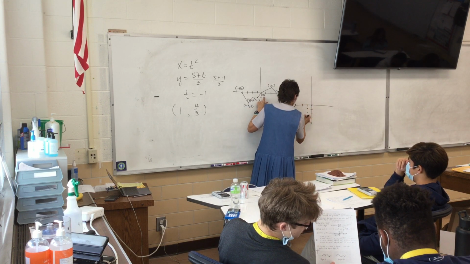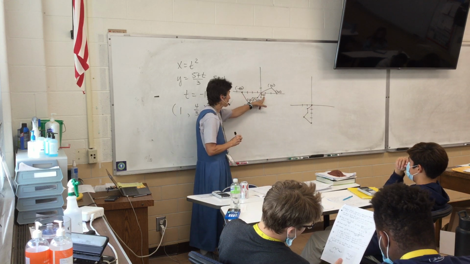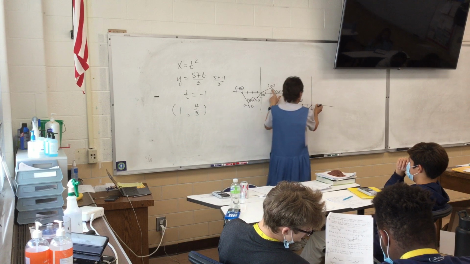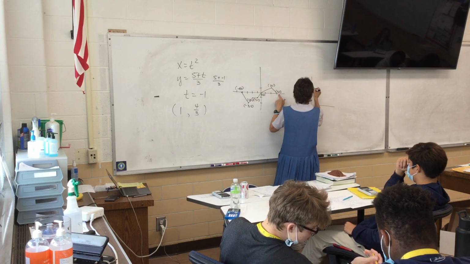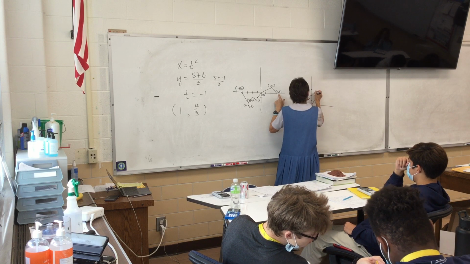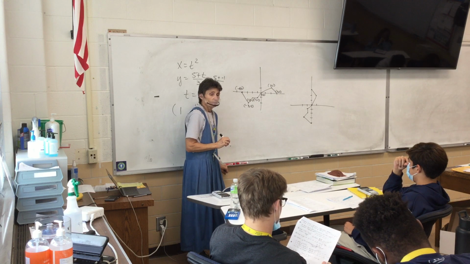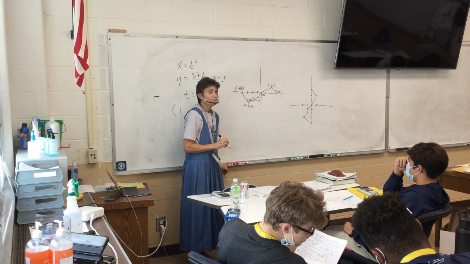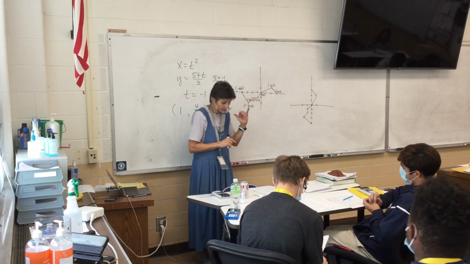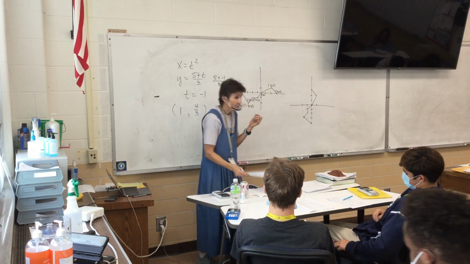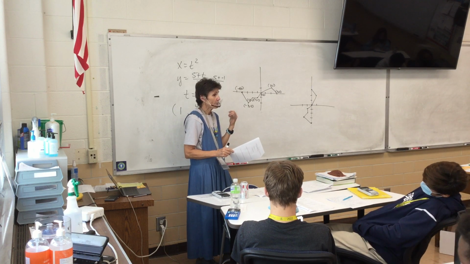So connecting what I've done so far, that's what I've got. This would be 1, 2. And this would be 0, 3. To graph the inverse, all you have to do is flip the ordered pairs.